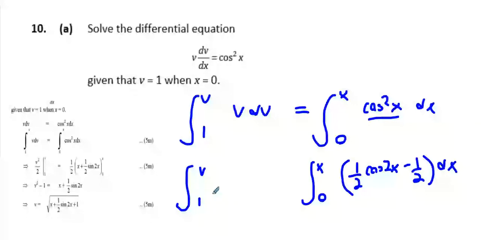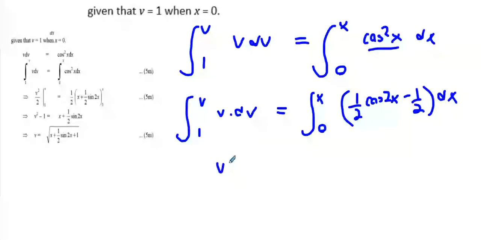So phi dv, we should be able to get this out. Now integrate phi, you get phi squared over 2, from phi to 1. Integrate a half, just go straight down.